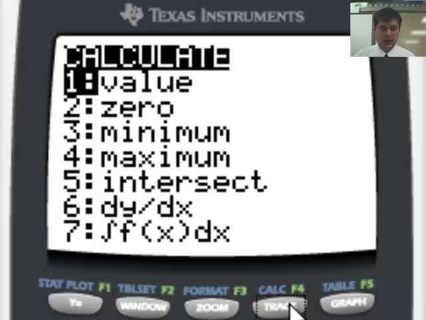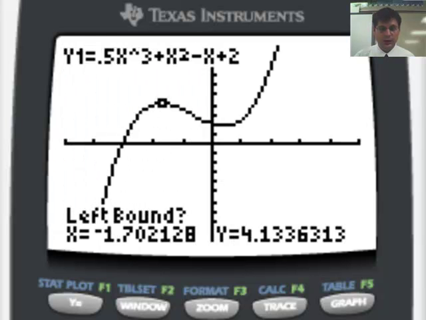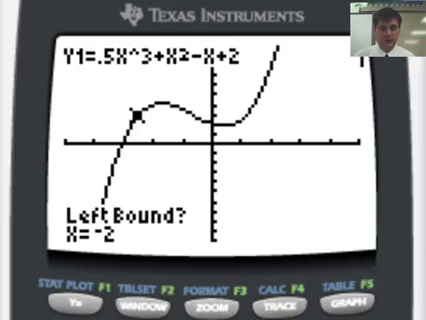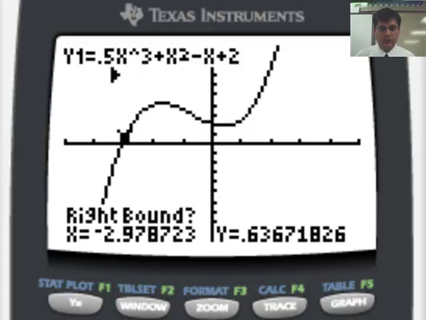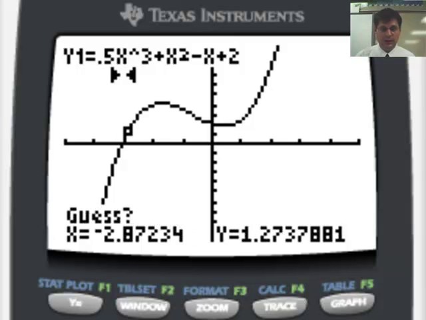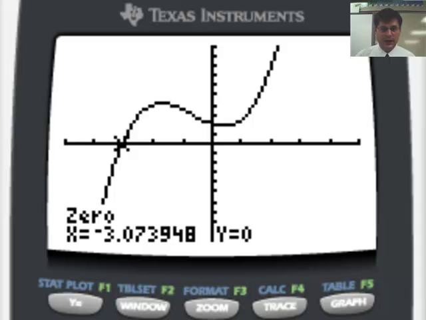I'm going to go to second calc, and another name for the x-intercept would be zero. I'm going to go to the left of that point and set my left boundary. And now I'm going to go to the right of it just a little bit and set my right boundary, and then I'll press enter, and it looks like it's about negative 3.1.